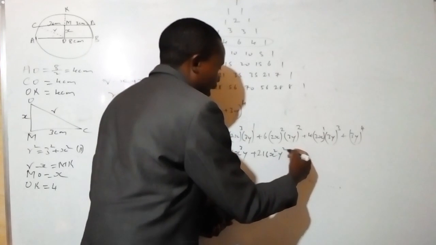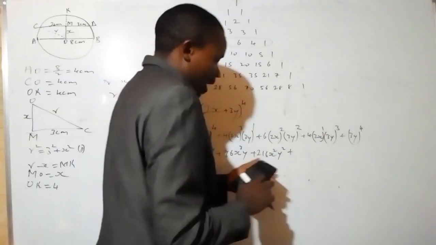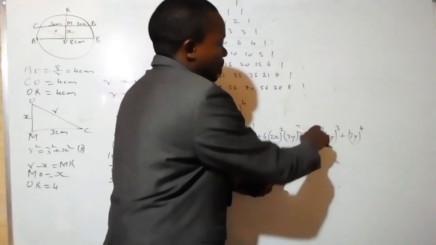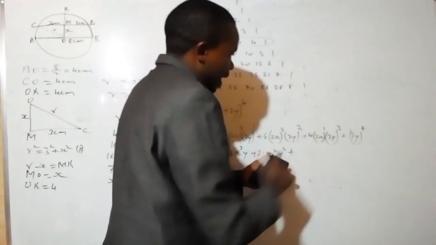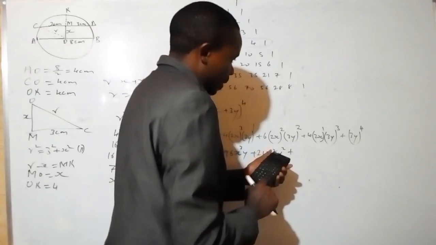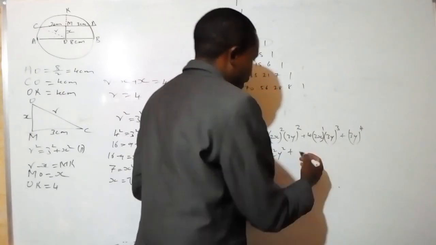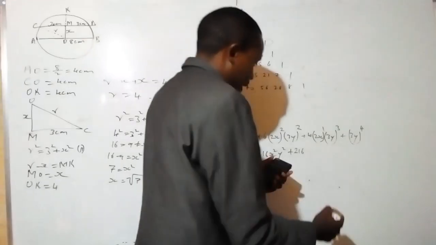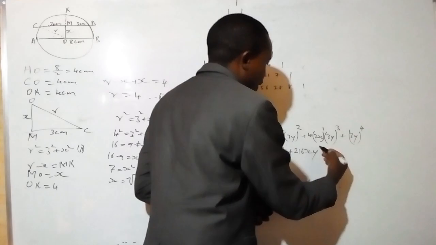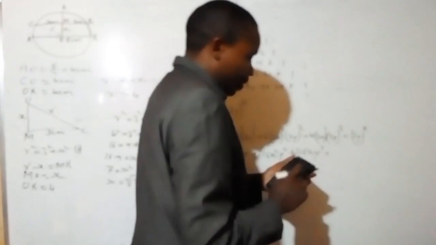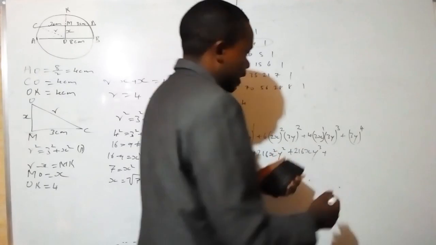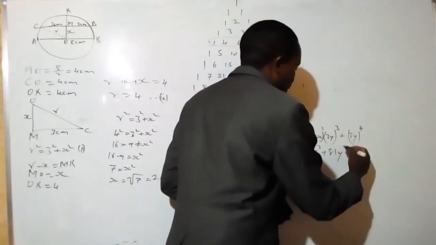Plus, next is 4 times 2, because 2 raised to the power 1 is 2, times 3 cubed, which is 27. 3 cubed, we get 216 x y cubed. And finally, 3 raised to the power 4 is 81, 81 y to the power 4. And that is the answer.